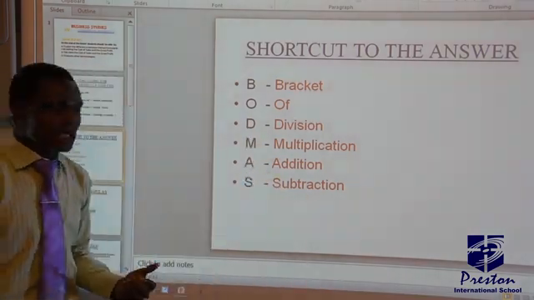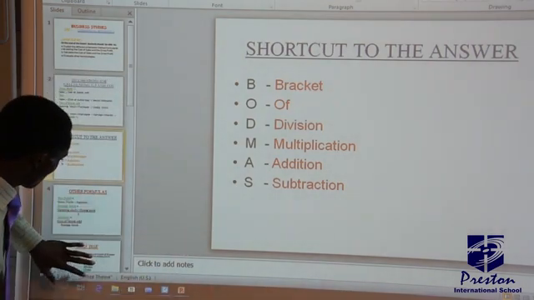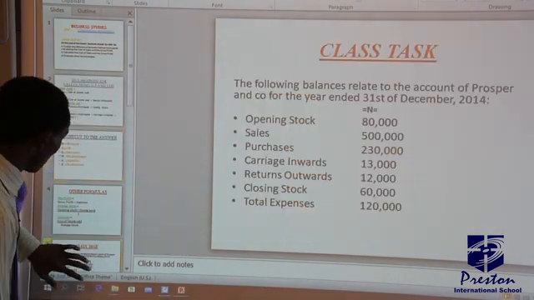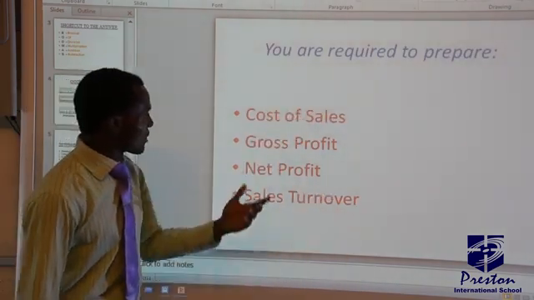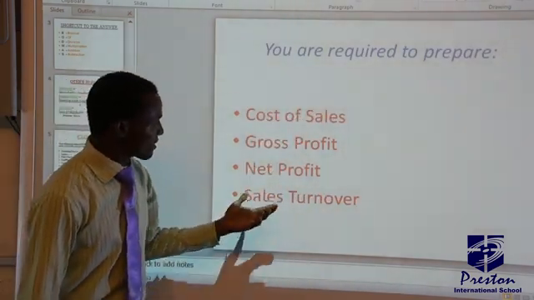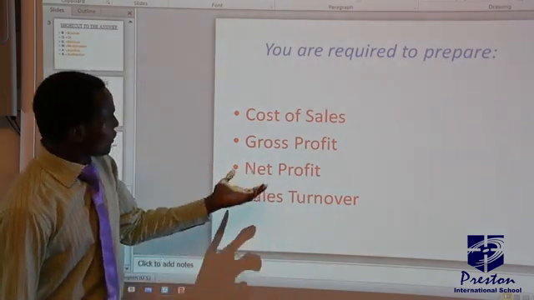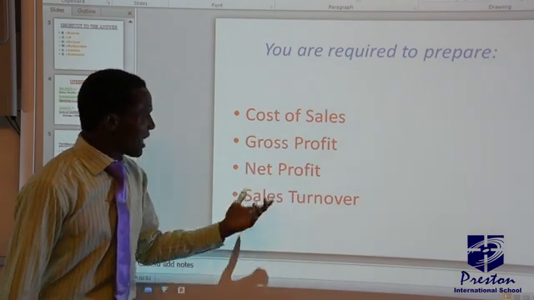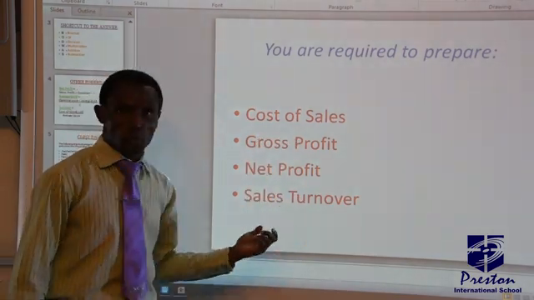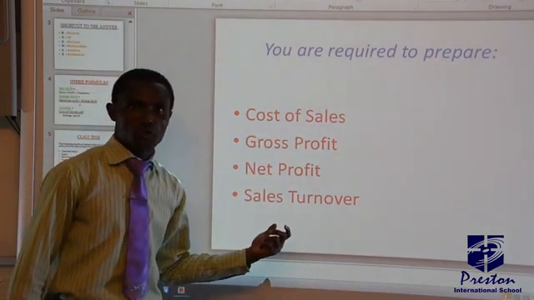Now, let's go straight to the class task. You are required to prepare the cost of sales, gross profit, net profit, and sales turnover. We'll be looking into the first three items today, and after that, the last one will not be very difficult for you to do.